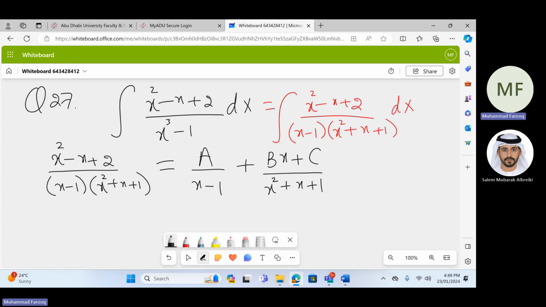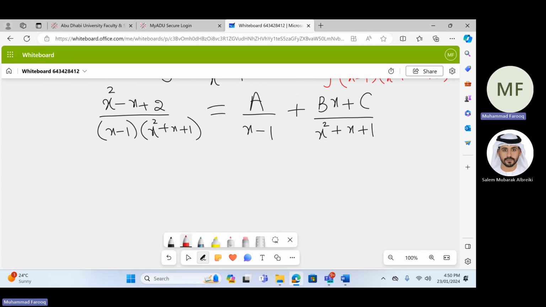Next step, what do we do? We remove the denominators, we eliminate the denominators. Multiply each and every term by this factor.